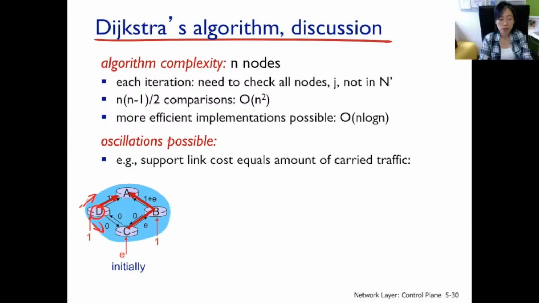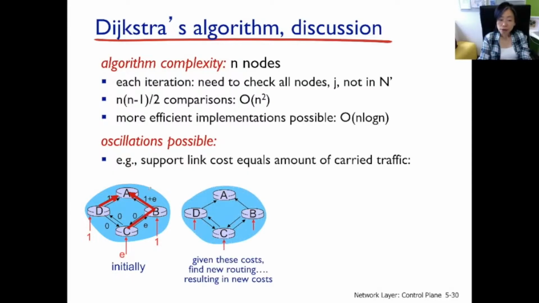This direction here, cost is 1. This direction, 0 plus E plus 1 plus E, so altogether, 1 plus 2E. So still, this direction is better. So D is also going to take the clockwise path to A. So after the route computation completes, you see B, C, D all change to send traffic clockwise.